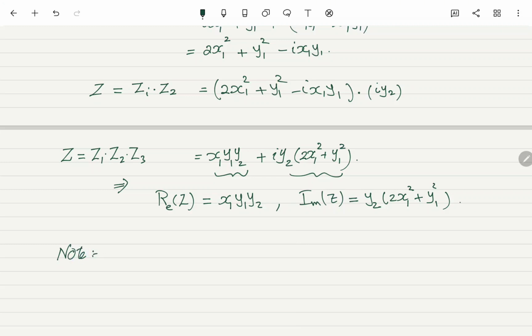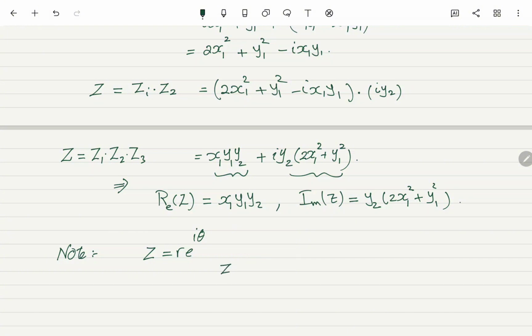Note, if we use the polar form z equals r e to the i theta, we will see that the magnitude of the product of two complex numbers is equal to the product of the magnitudes of the complex numbers.